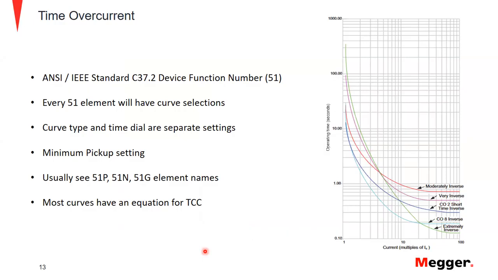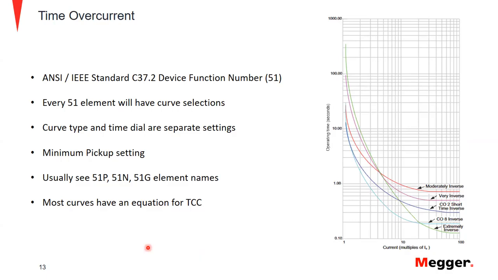We have multiple curve selections inside of the relays themselves, so we have a wide selectable range, and we'll talk a little bit about the different inverse times. We'll also talk about the different time dials and the minimum pickup setting as well.